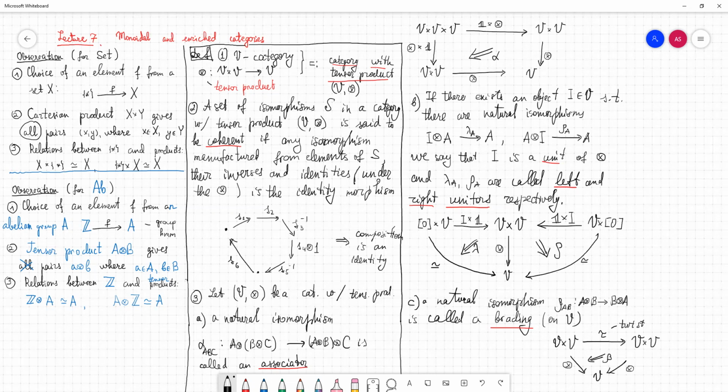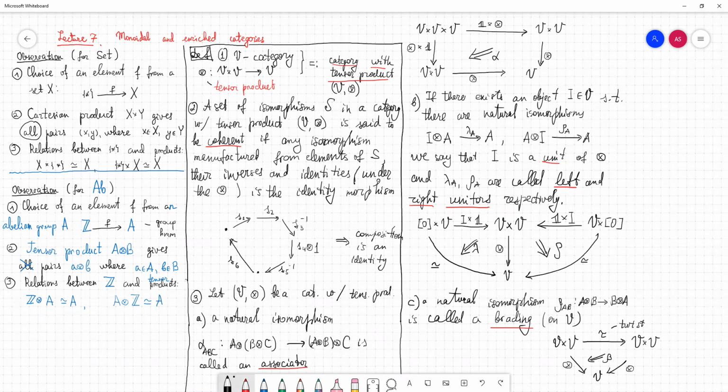And here is beta, the two-cell filling this diagram. The upper functor, of course, is an isomorphism. Tau inverse is tau, so it doesn't matter in which direction beta will go. Also, beta is an isomorphism.